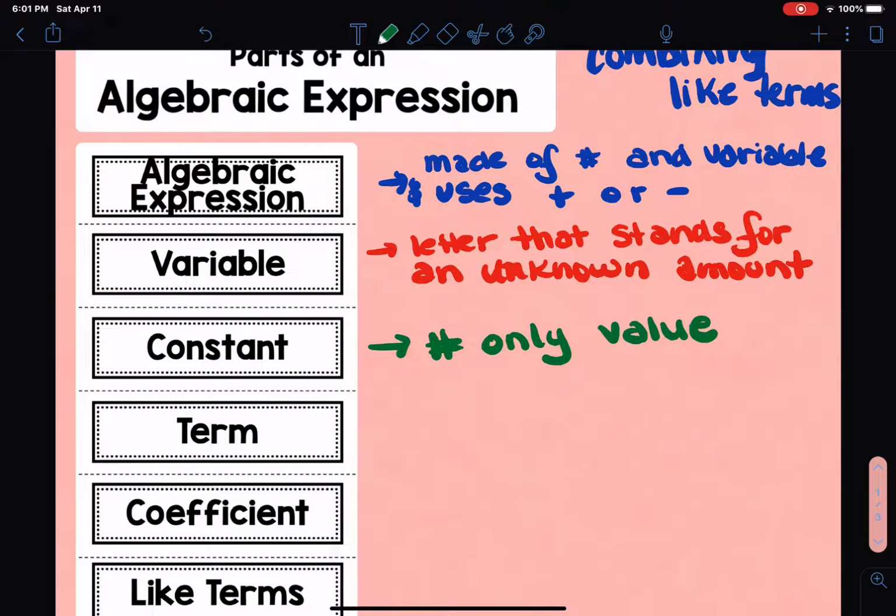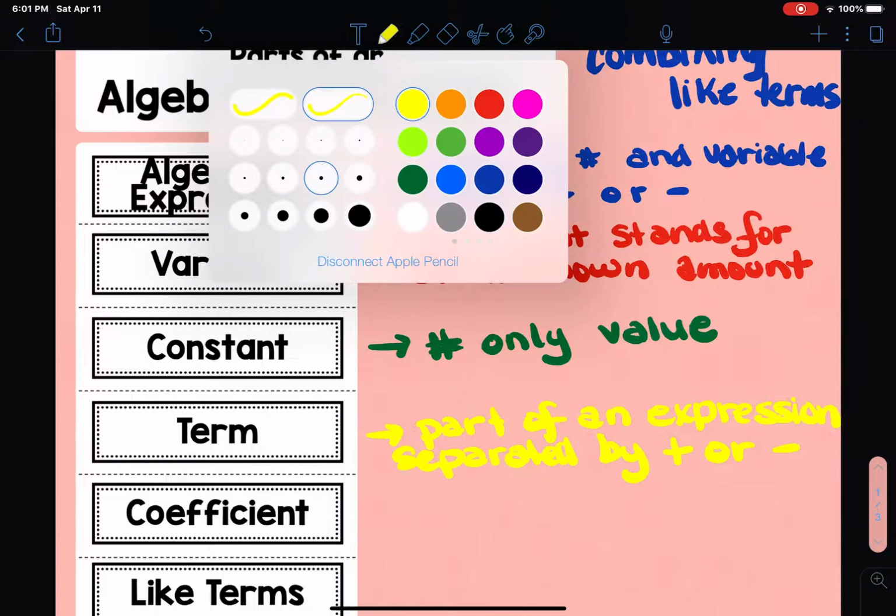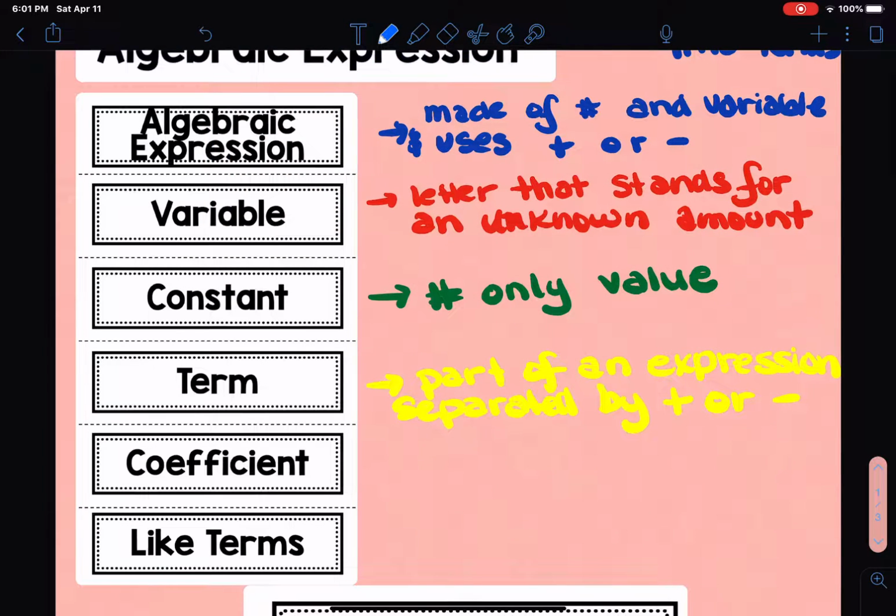Okay, a term is part of an expression separated by add or subtract symbols. A coefficient is a number in front of a variable.